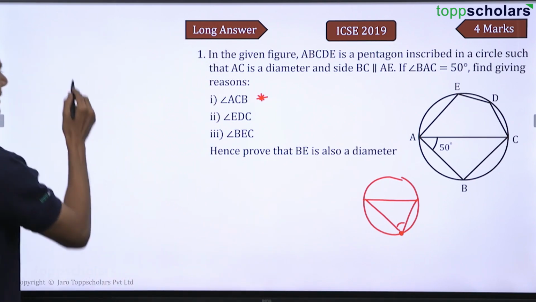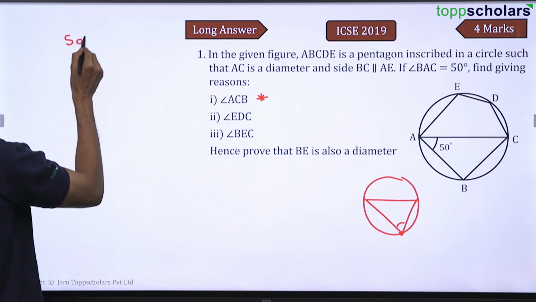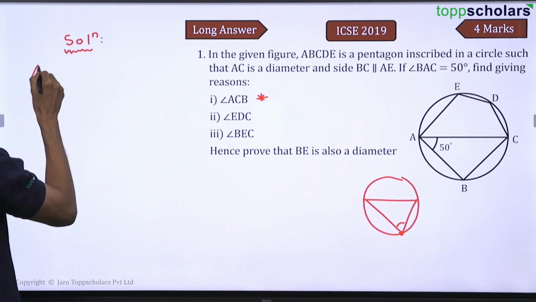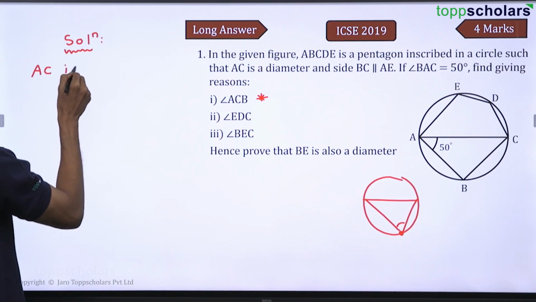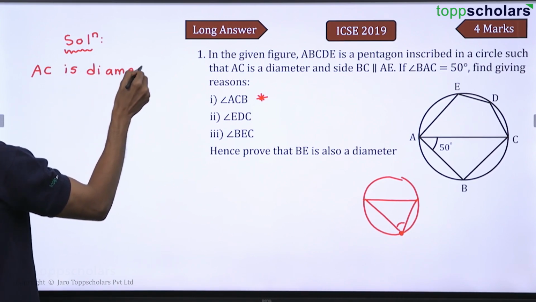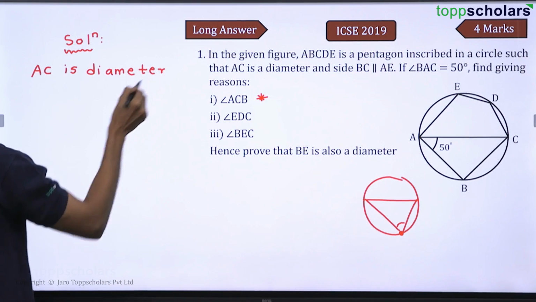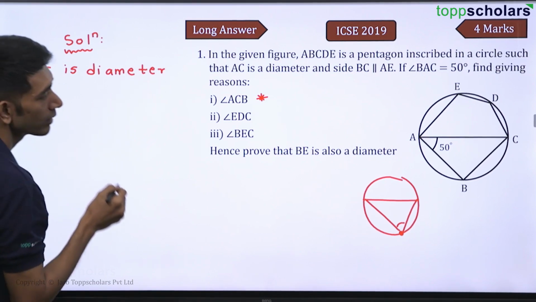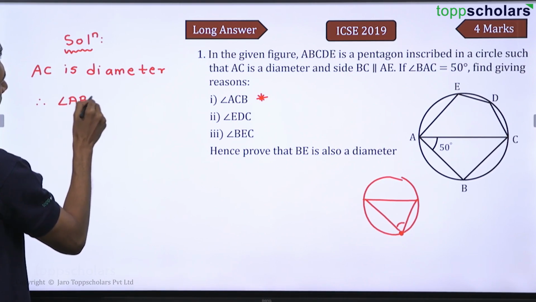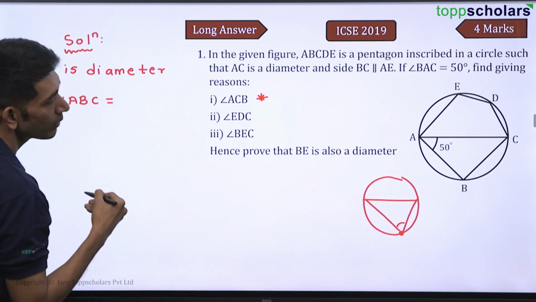So here we can say that, firstly, AC is diameter. Therefore, angle ABC will be equal to how much?